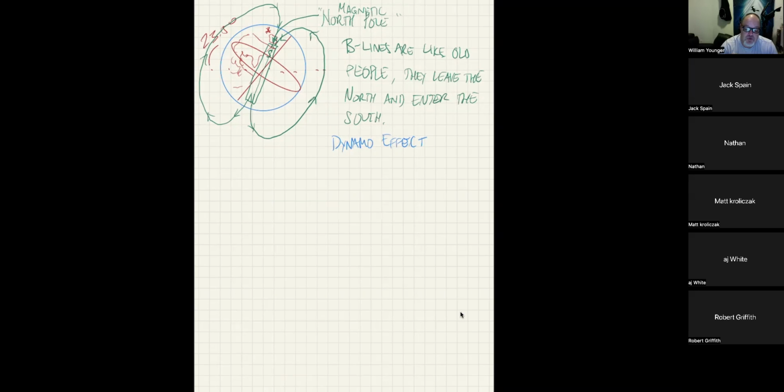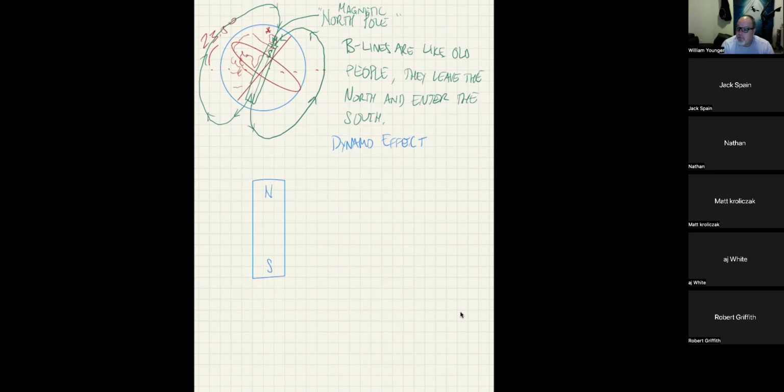So I will draw another magnet, a bar magnet again, just so we can get an idea of what this magnetic field looks like. As I said, if we were to cut this thing in two, it would not make a North Pole and a South Pole.